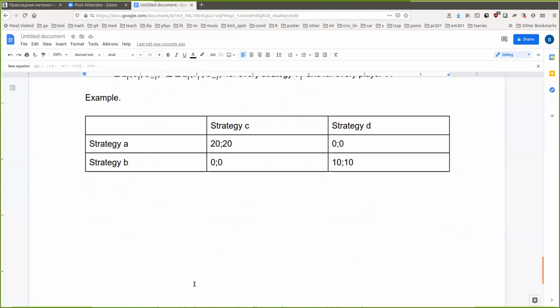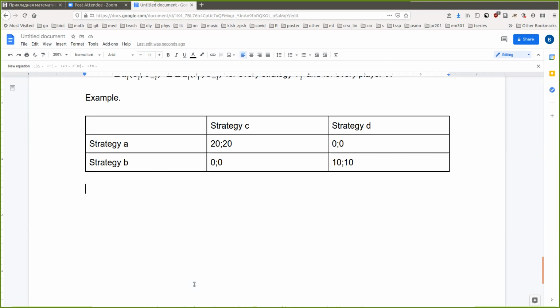So if they simultaneously choose A and C, each will receive 20 rubles from the casino. If they simultaneously choose B and C, everyone receives 0. If they simultaneously choose B and D, everyone gets 10 rubles, okay?